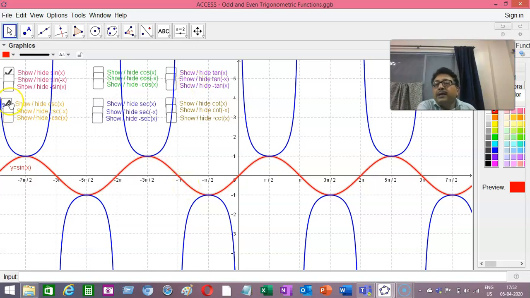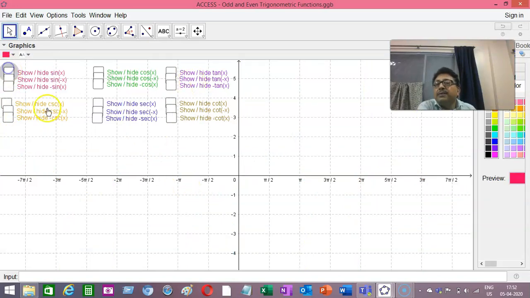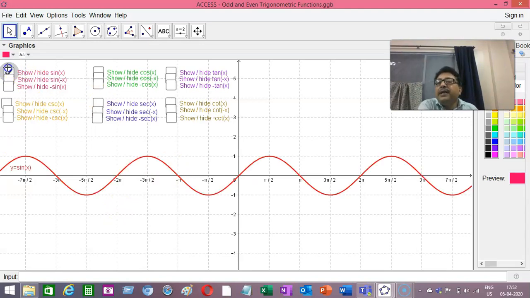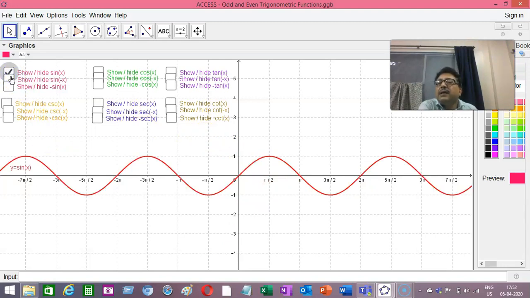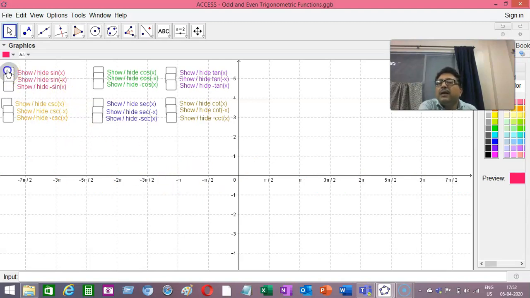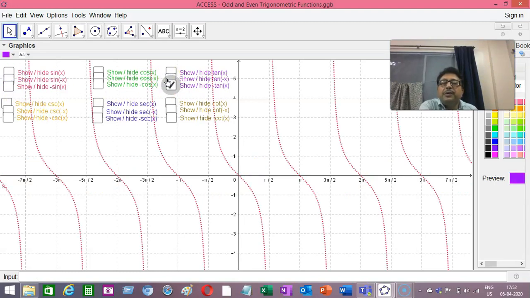Now, after knowing the concept of the graphs of trigonometric functions, we can plot the graph of sine of minus x, cosine of minus x, tan of minus x, all these things. Let us see. For sin x, the graph is this. If we plot sine of minus x, I have to remove this first.